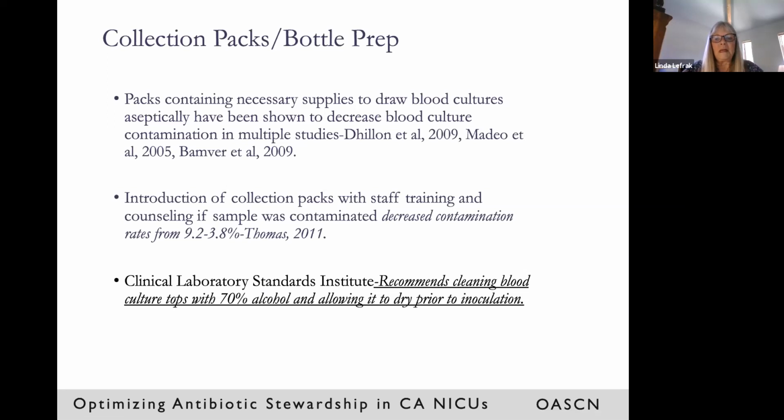And then the tops: there's been research on whether the tops need to be alcoholed prior to inoculation, but the fact is that the manufacturers recommend it, as do the Clinical Laboratory Standards Institute. So hopefully this isn't a debate in your facility, and these membranes get alcoholed and allowed to dry prior to inoculation. Next slide.